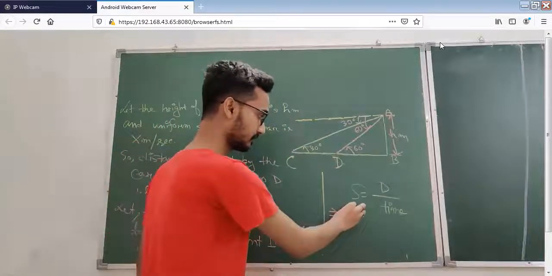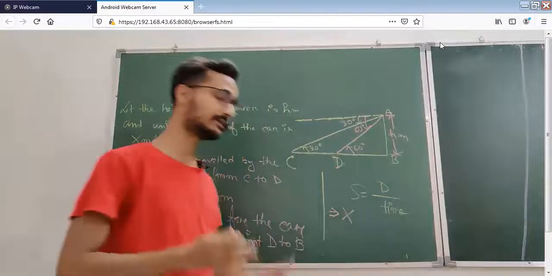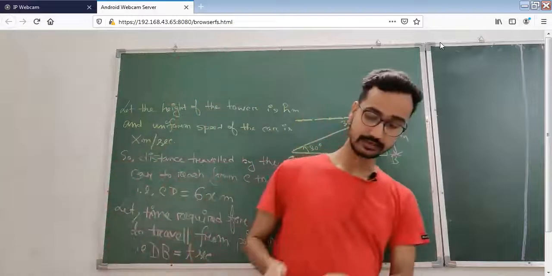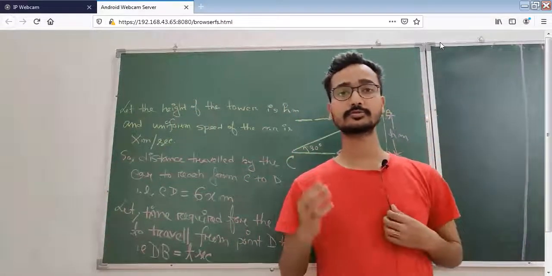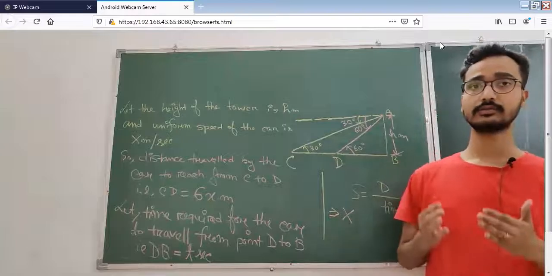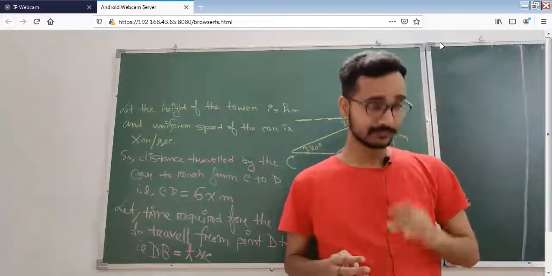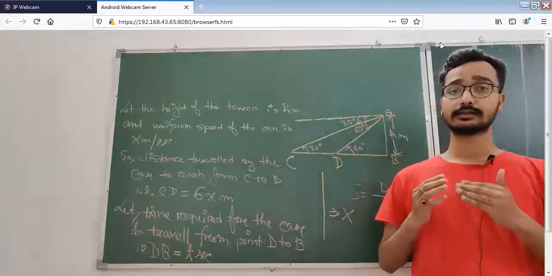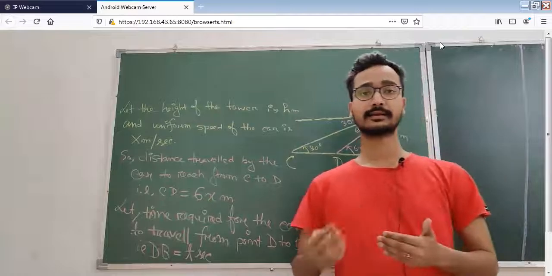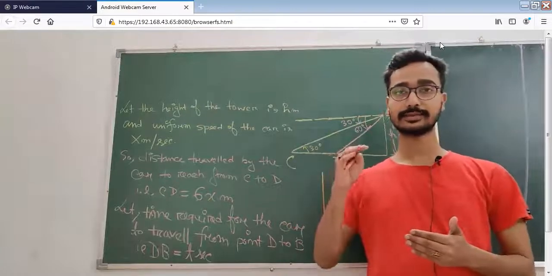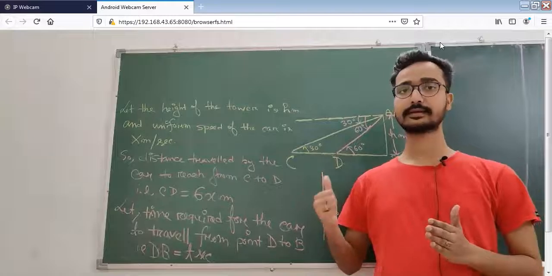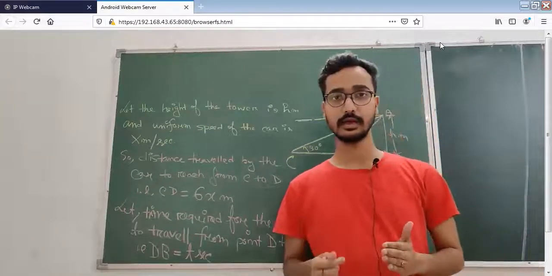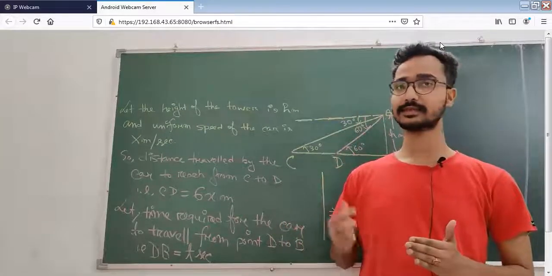The speed is x and it remains the same, because it is already given in the question that the car is moving with a uniform speed. Uniform speed means the speed will neither decrease nor increase. It will remain constant, that is x meter per second.